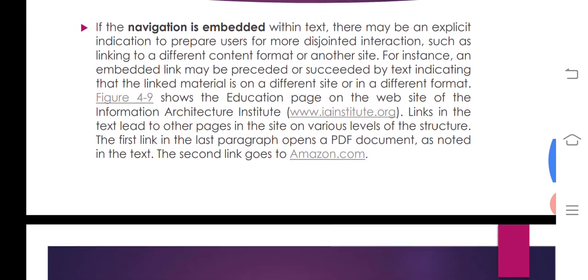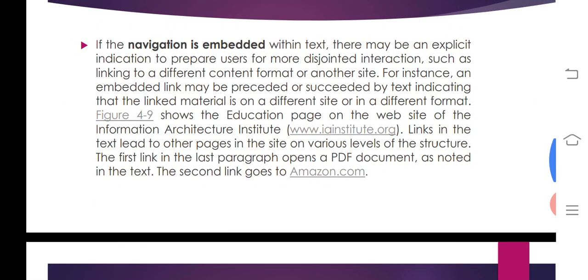Here, with navigation embedded within the text, there may be explicit indications to the proper users. If you regularly use some websites, like our college website, there are more disjoints, interactions such as linking in different contexts and formats.